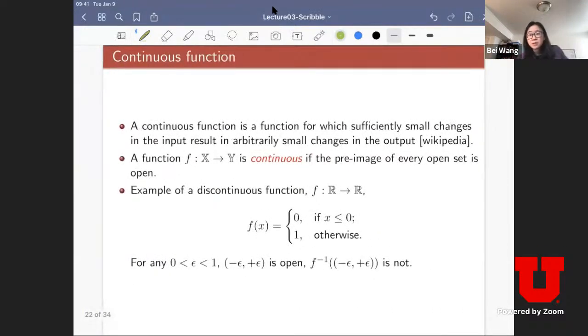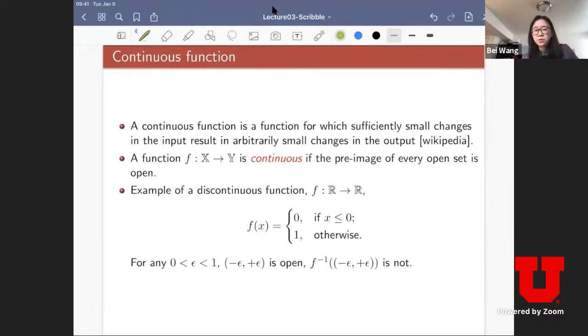All right, so the other concept that we need to go through is what is a continuous function? A continuous function is a function for which sufficiently small changes in the input result in arbitrarily small changes in the output, right? That is a high-level picture. There is a topological definition of a continuous function.